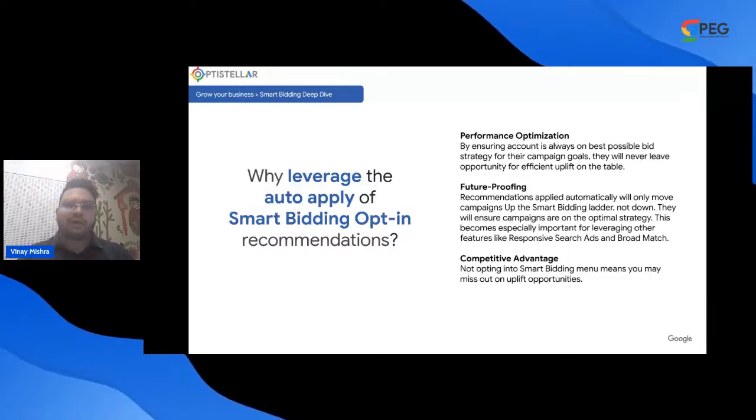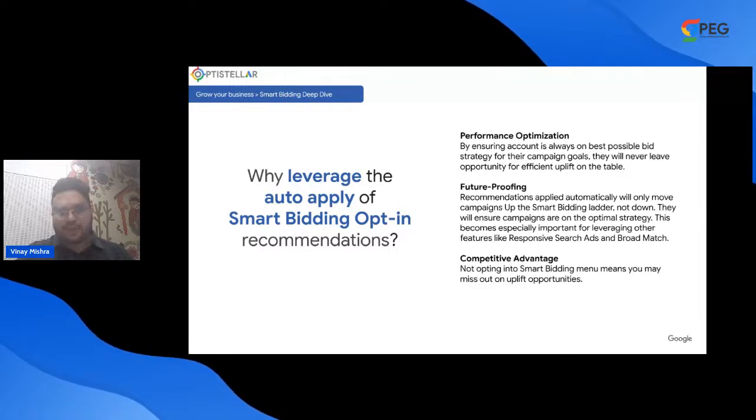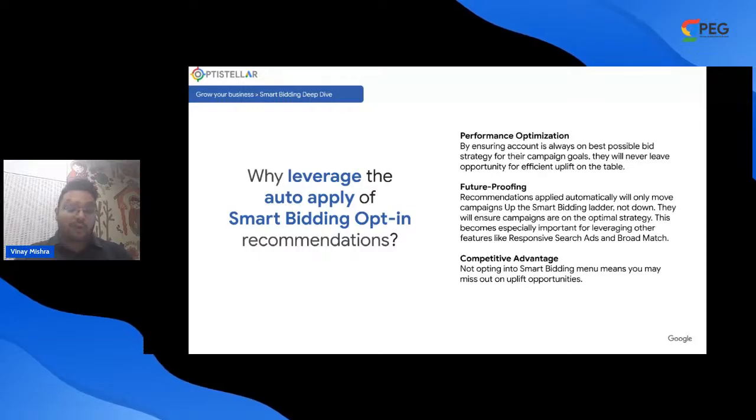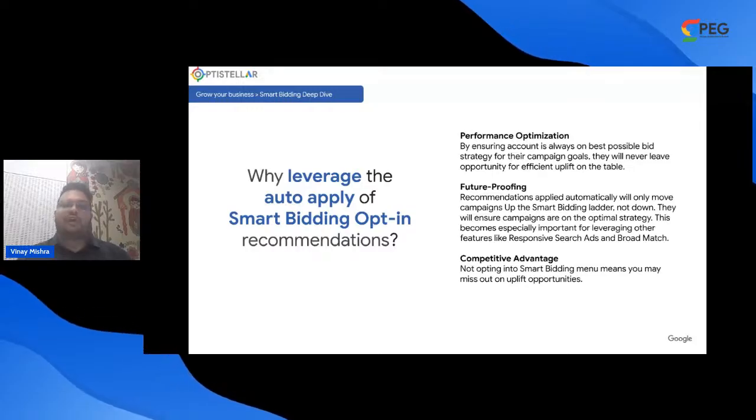So it is important that smart bidding opt-in is always enabled, so that you're optimizing your performance well, you're future proofing, and at the same time you're having that competitive edge in the market.